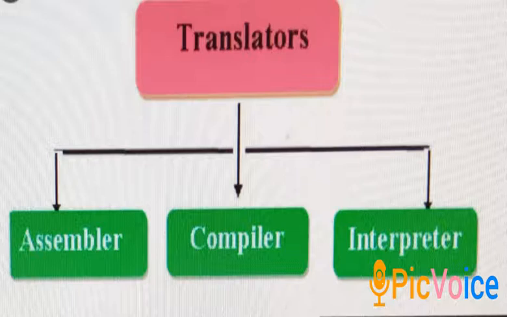Then utility software. My dear students, utility software is used for performing a specific task and that manages computer and its devices or programs. This software helps to proper functioning of computer system.